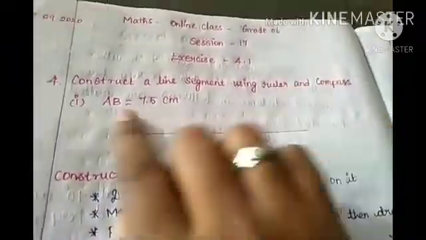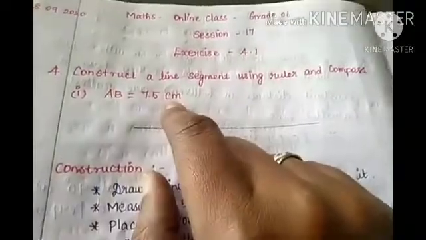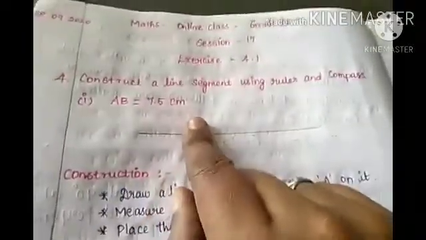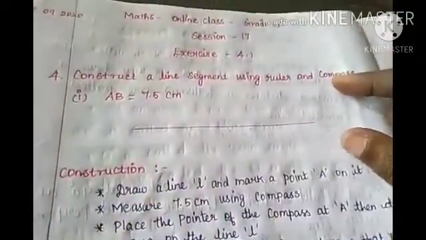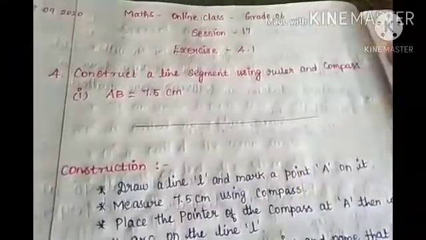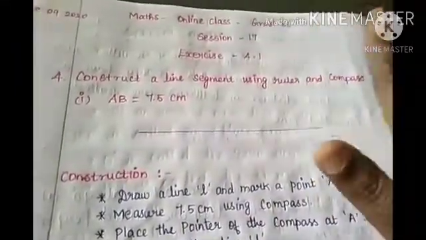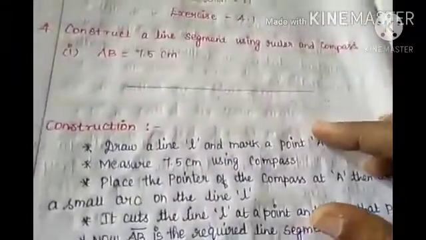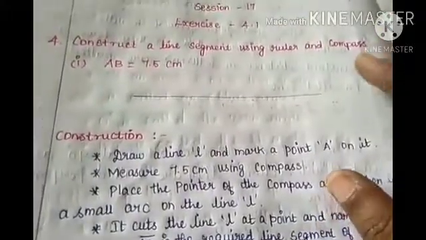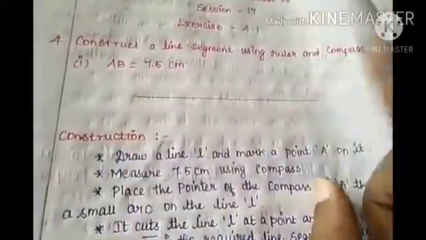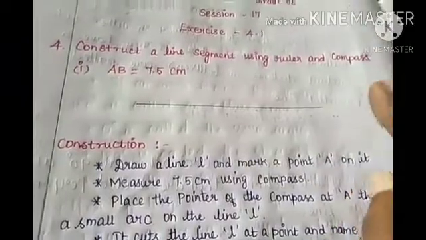Okay, first question, AB equal to 7.5 centimeter. First, what we are going to do is the construction. Draw a line L and mark a point A on it.